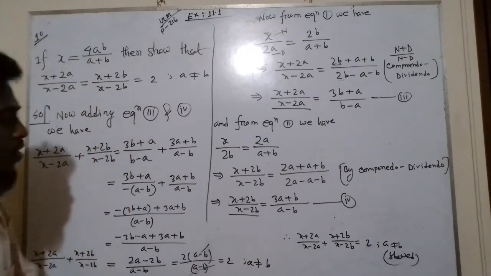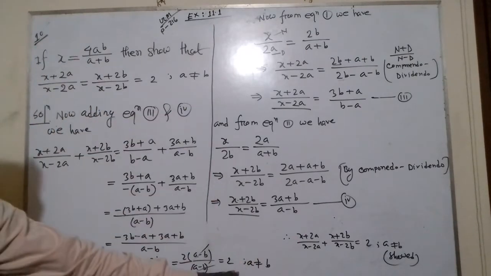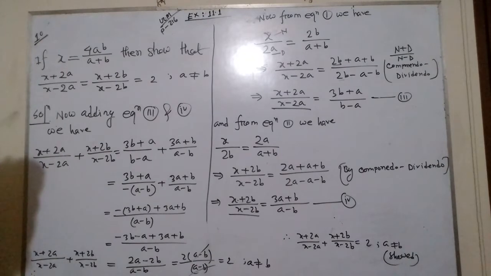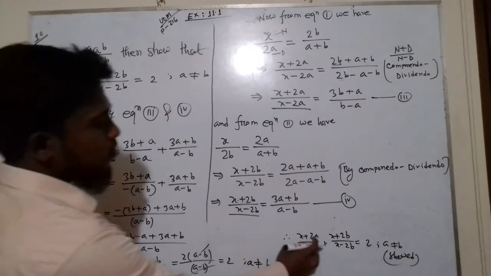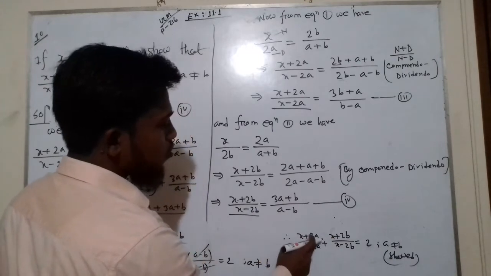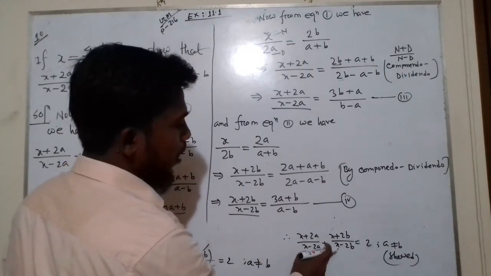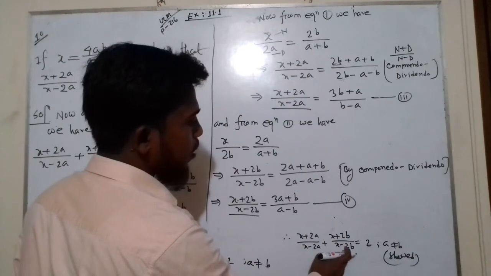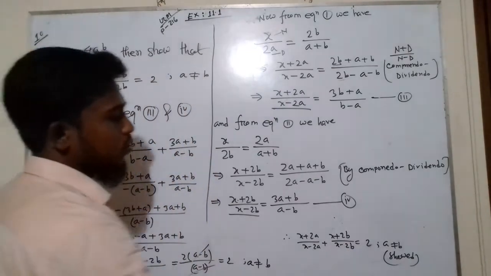I think you understood this condition. Therefore (x + 2a)/(x − 2a) + (x + 2b)/(x − 2b) = 2.